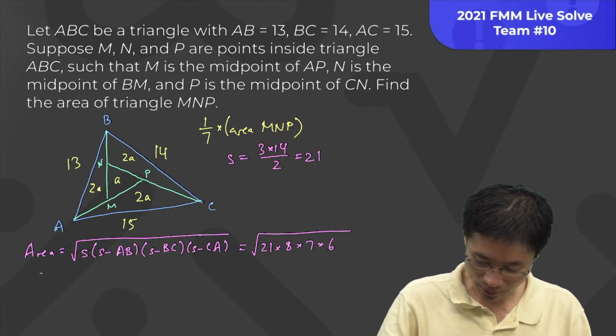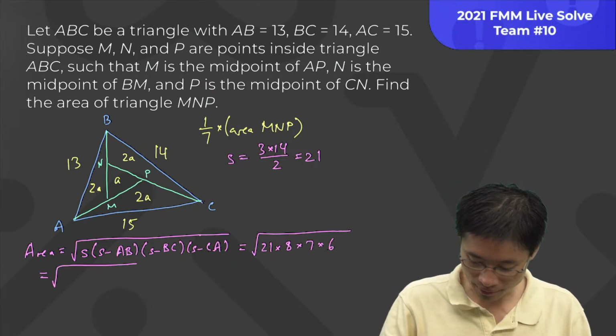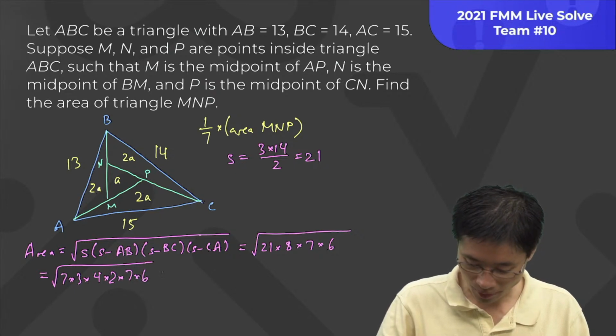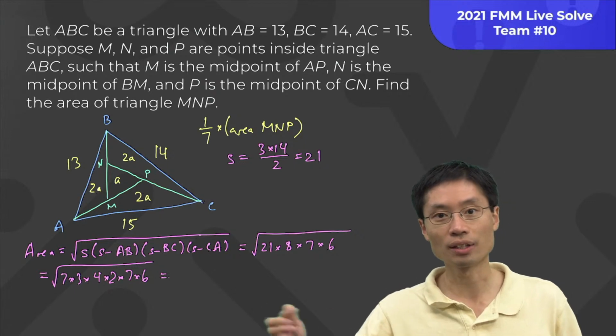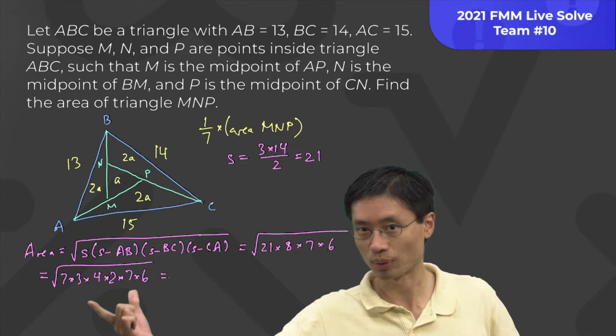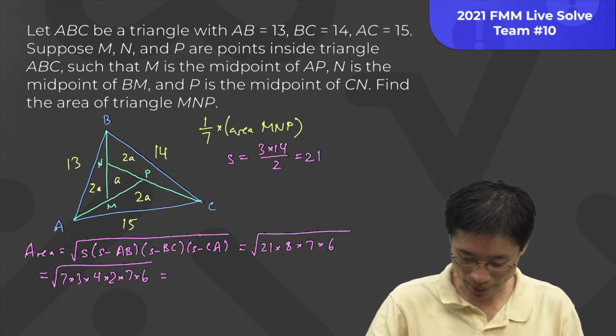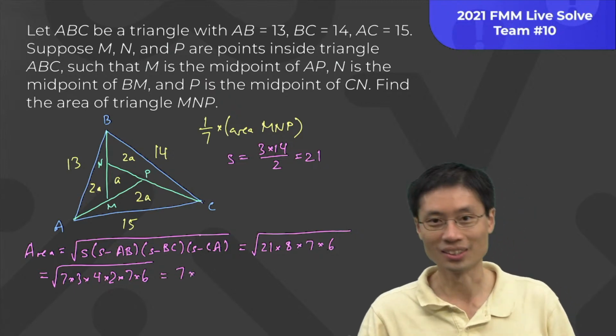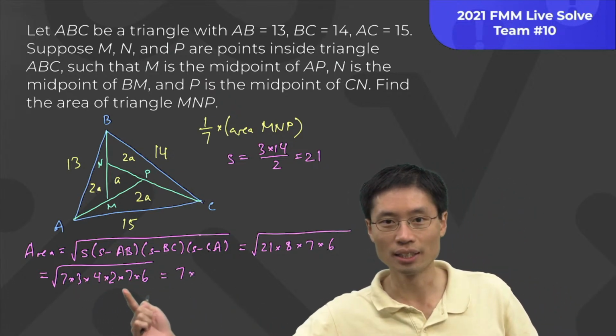Okay, so let's see. This is equal to square root of 7 times 3 times, let's make the 8 into a 4 times 2, and I have a 7 and a 6. Which is great, because now if I take a square root, I see 2 7s, so there's 1 7 left. Okay, and I have a 3 and a 6.